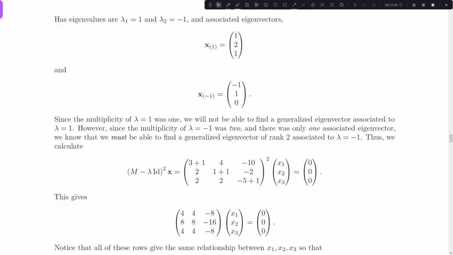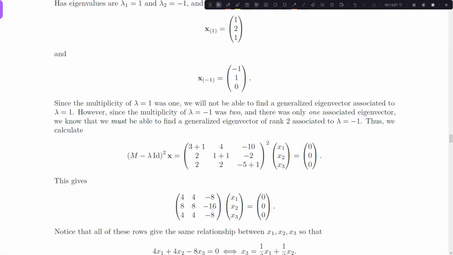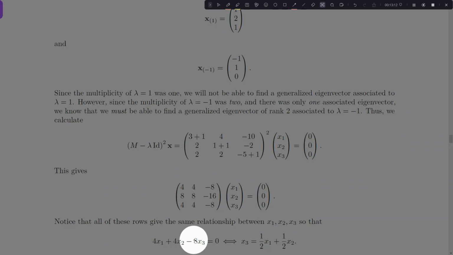So this matrix vector equation equal to 0 reduces to one row. Only one row is giving me any information. And that row is basically saying 4x1 plus 4x2 minus 8x3 is 0, or if I solve for x3, x3 is half x1 plus half x2.